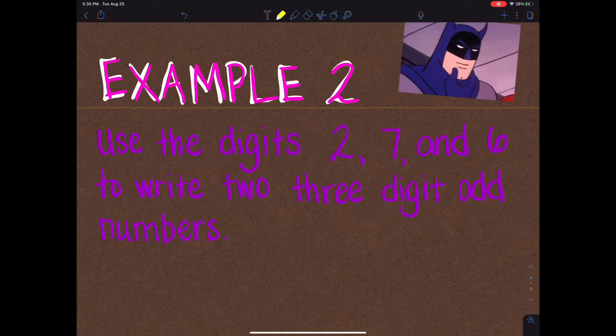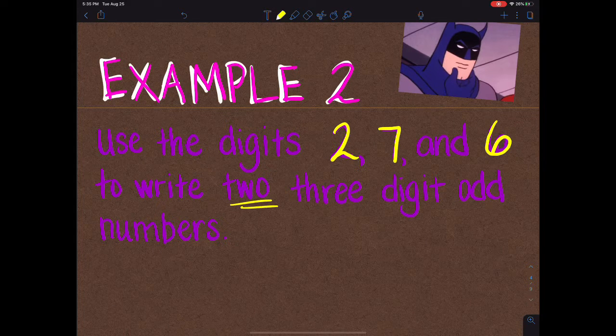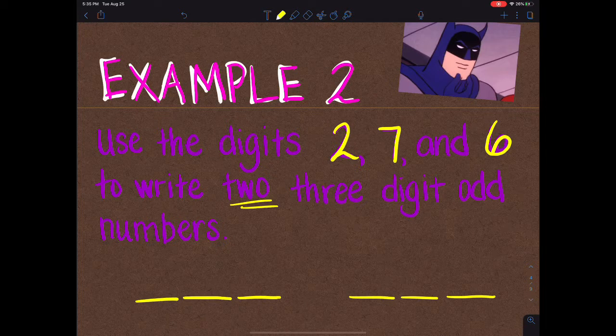Example 2 says, use the digits 2, 7, and 6. So it wants us to use all 3 of those digits to write 2 3-digit odd numbers. So the number that you end up with is going to be 3 digits, 1, 2, 3, and 1, 2, 3.